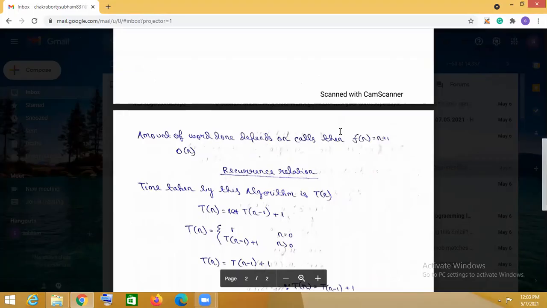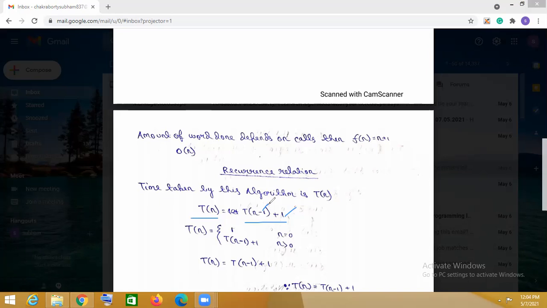So Tn equals Tn minus 1 plus 1, because the whole algorithm takes Tn time, but for printing the value it takes 1 unit of time, and it is the recursive call. So we can say Tn equals Tn minus 1 plus 1.